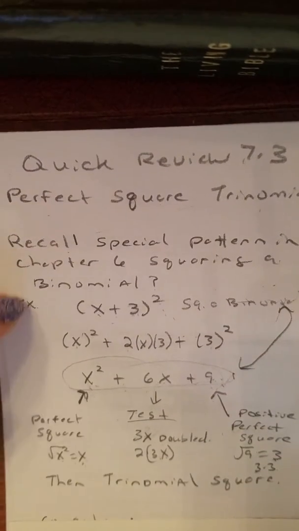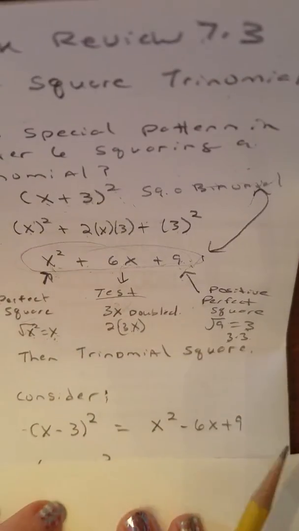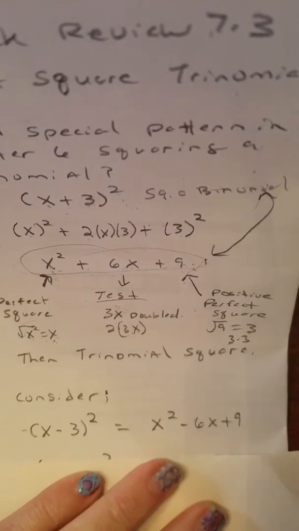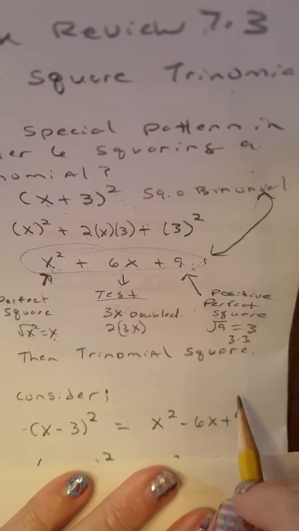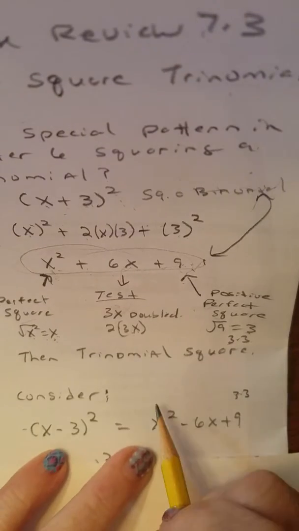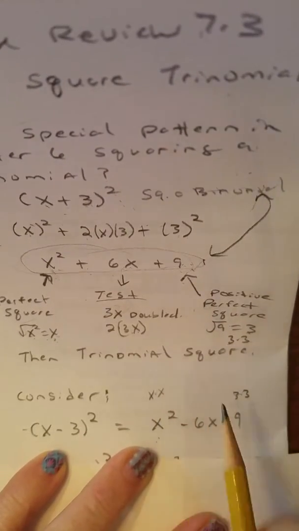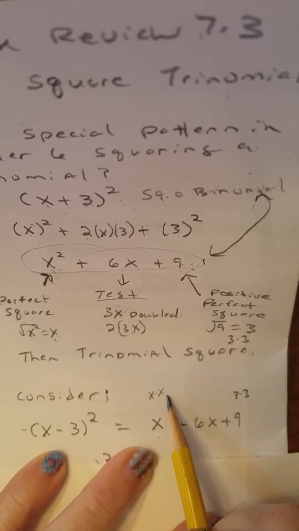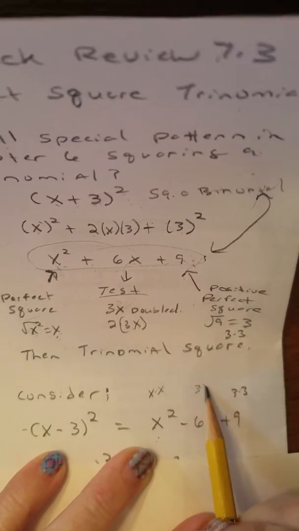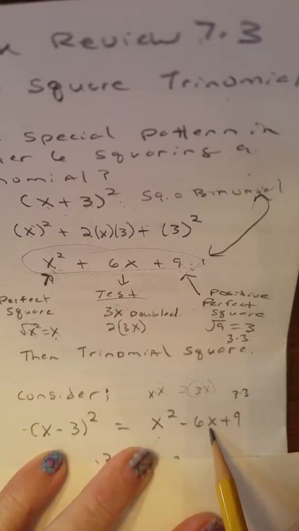Let's just look at another one. Is this a perfect square? Yes, because 3 times 3 gives me 9. Is this a perfect square? Yes, because x times x gives me x squared. And if I take 3 times x, I get 3x, and if I double that, I get 6x. So that works.